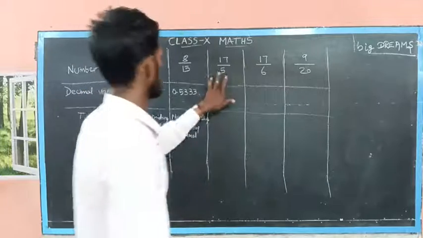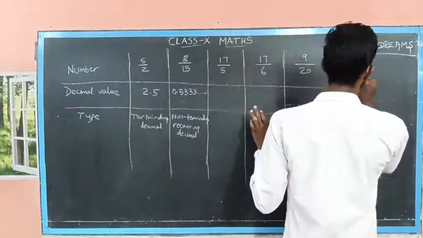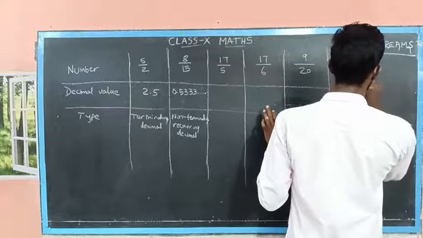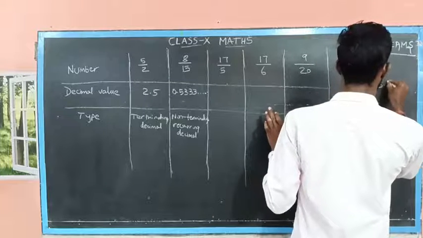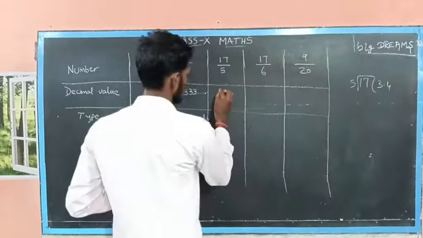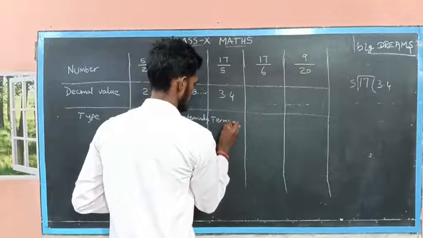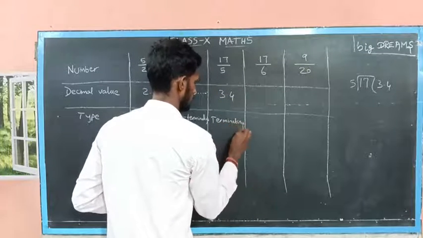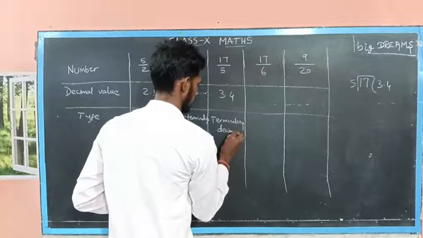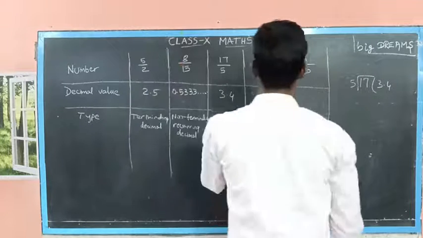Okay. Then the third value, 17 by 5. Here I will get 3.4. So 3.4 is a terminating decimal. Okay. Then 17 by 6.